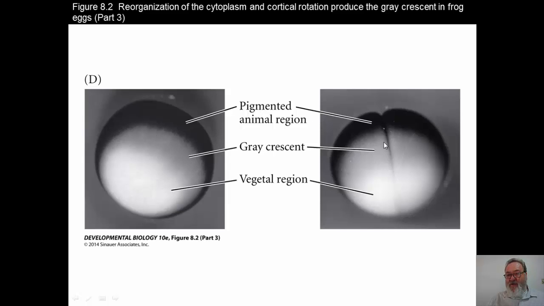Here's the first cleavage division, and ordinarily, in normal development, that first cleavage division will go through the gray crescent area, thus allowing gray crescent to be on both sides of that developing zygote, so that the entire zygote will be involved in the gastrulation process. If you split them at this point, you will get two normal embryos because that gray crescent is there, and hence each will form a dorsal lip of the blastopore.